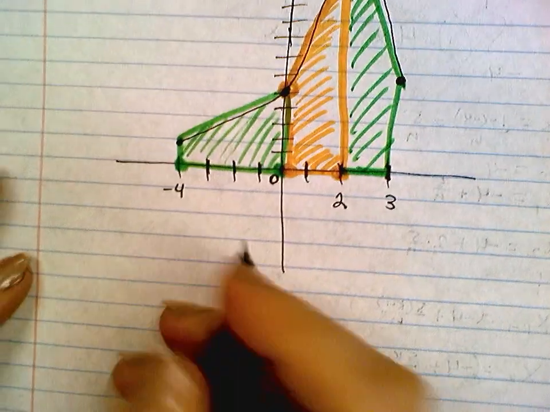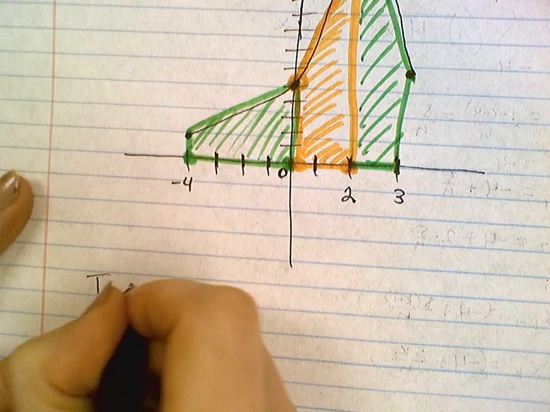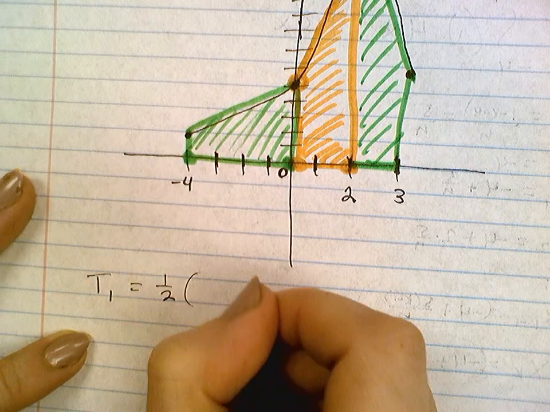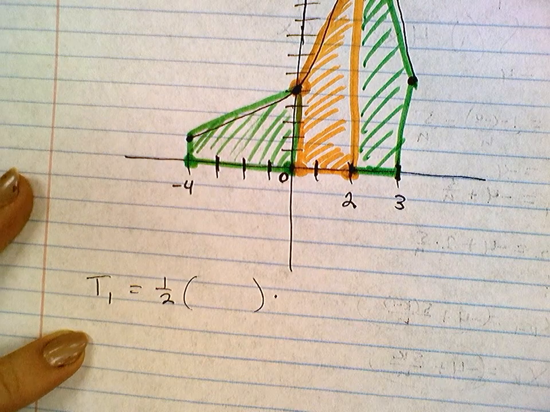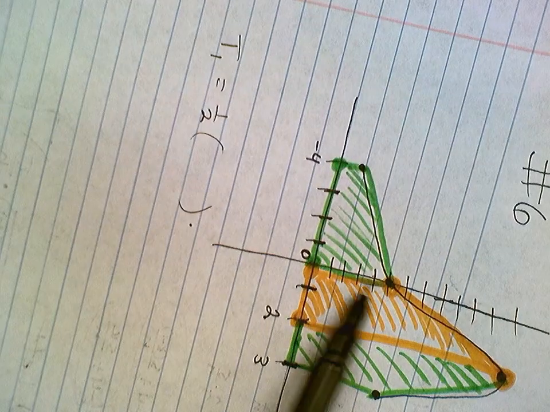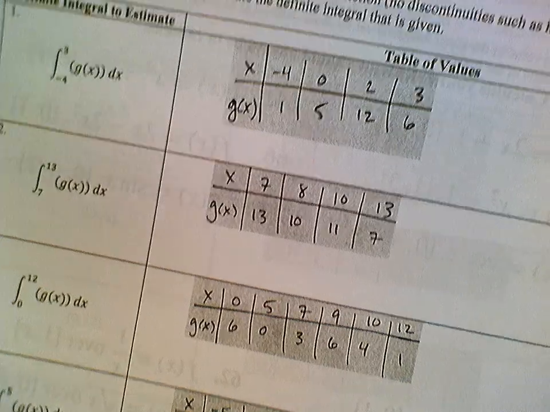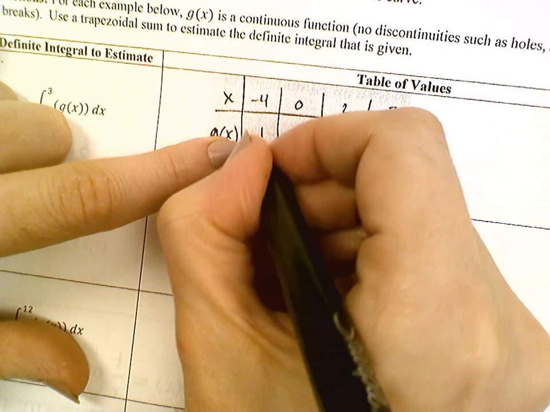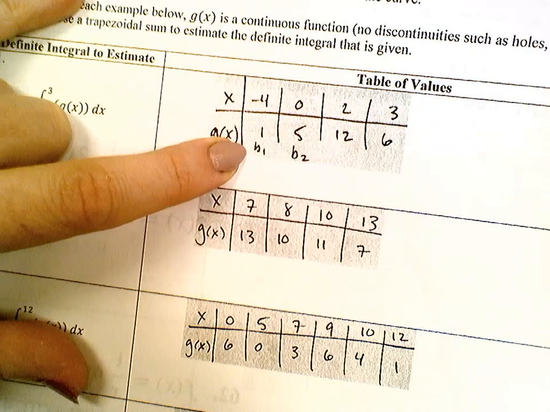Okay, so I'll say trapezoid 1 is 1/2. Base 1 is this height. Base 2 is this height. So this is base 1, this is base 2.